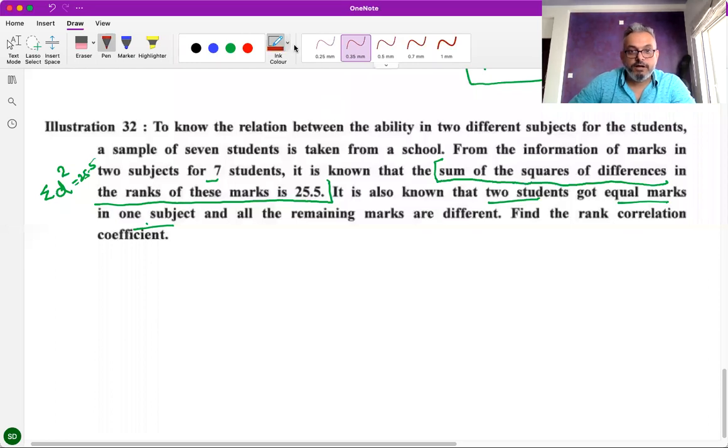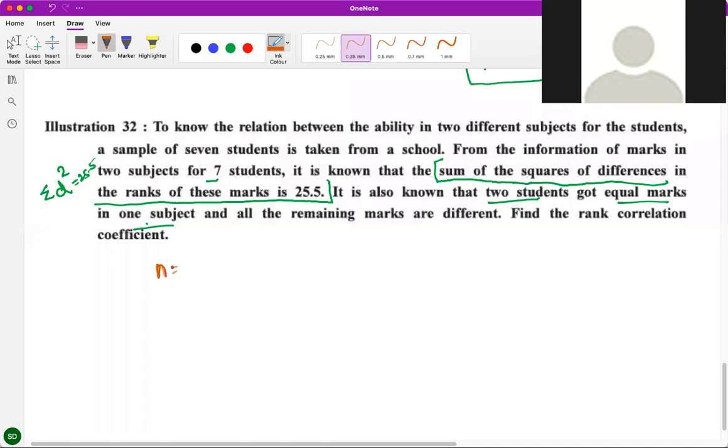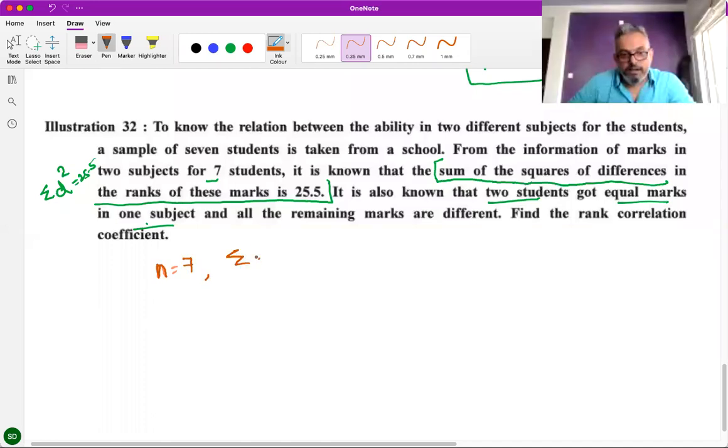So now first let's write what is given. n is equal to 7, sigma d square is equal to 25.5.